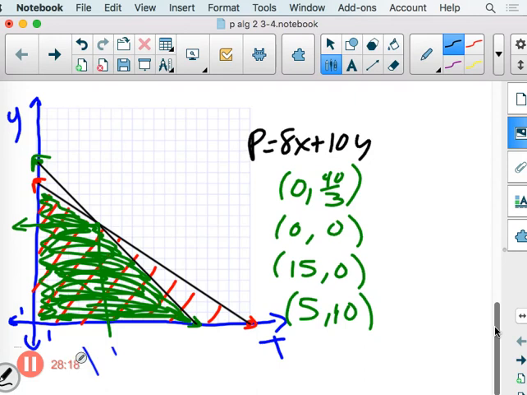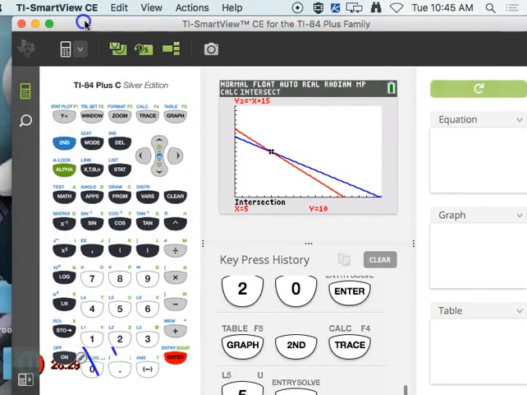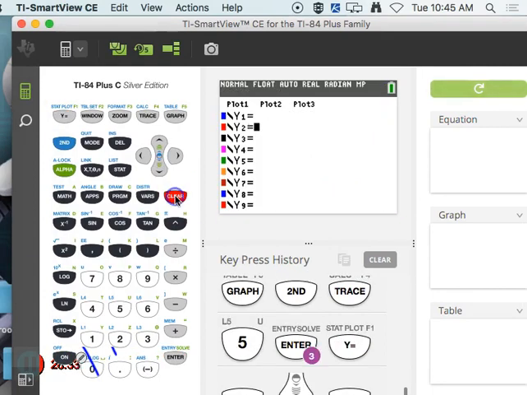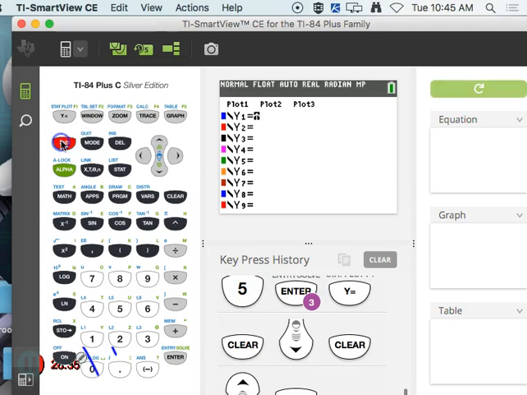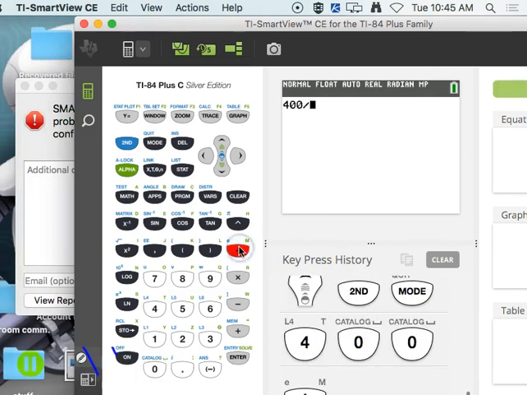Ugh, 40 thirds. Okay, well, if we put that in here, that'll give us 400 thirds. So we better see what that is as a decimal as we look at the pounds. 400 thirds equals 133 1/3 pounds.